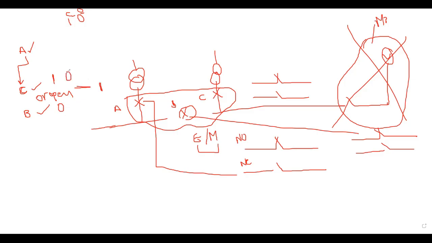If this is 0 and this is 1, then also it should give a result of 1. If both are 0, or if both are 1, then it should be 0. So what is the logic here? OR gate.